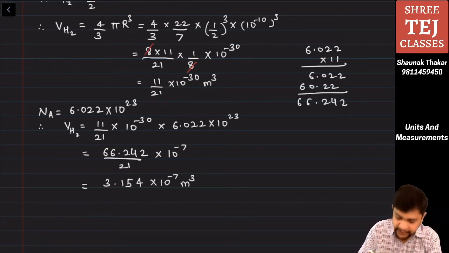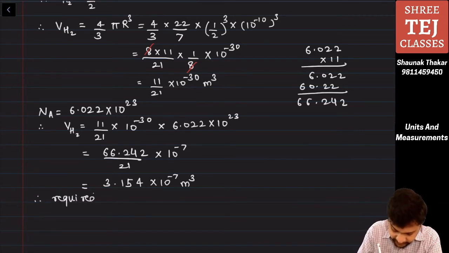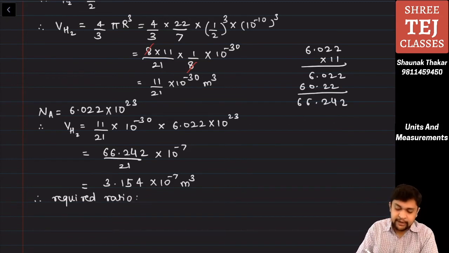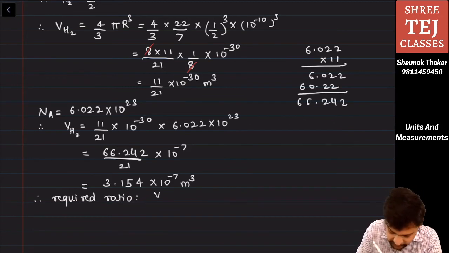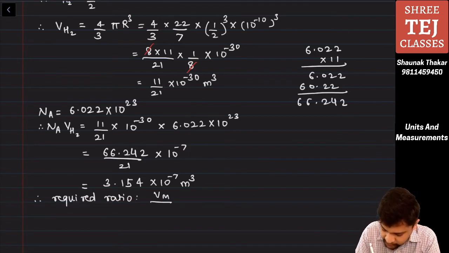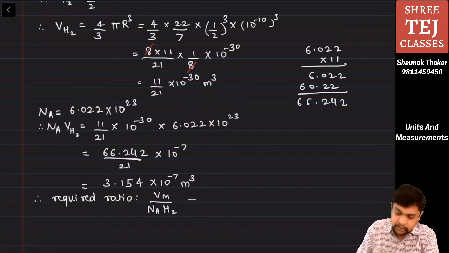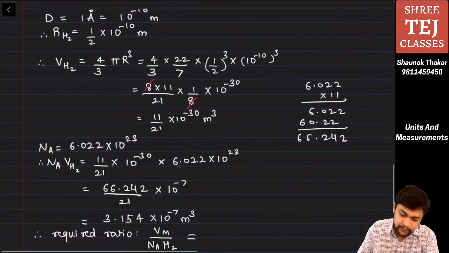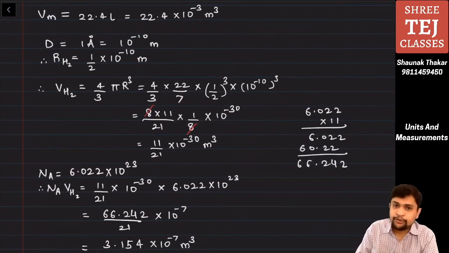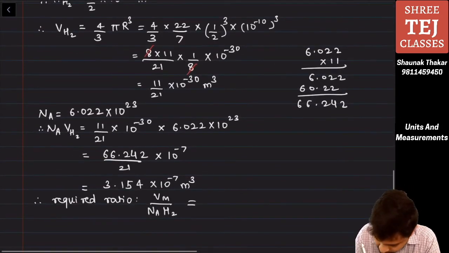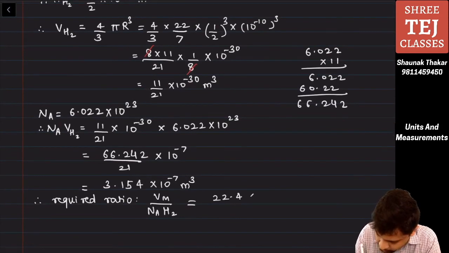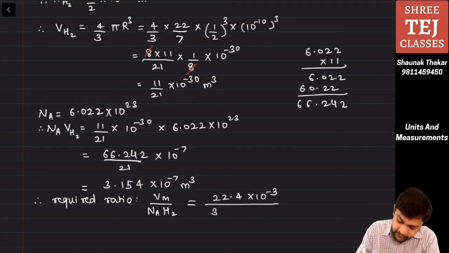Okay, now we have to find the ratio. Therefore, what is the required ratio? Vm upon Na into VH2. So what is Vm? Vm is 22.4 into 10 to the power minus 3, divided by 3.154 into 10 to the power minus 7.